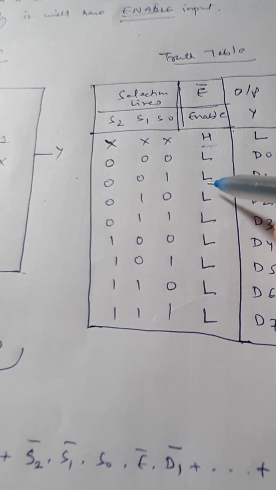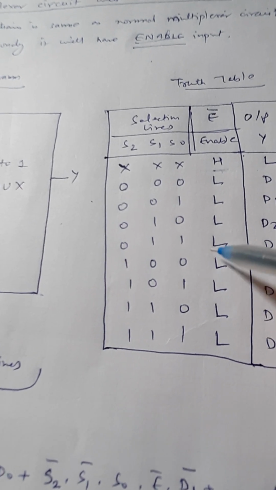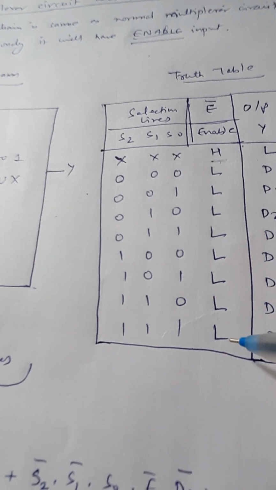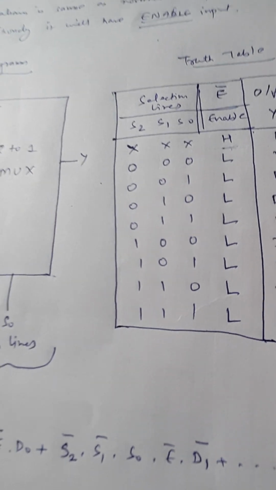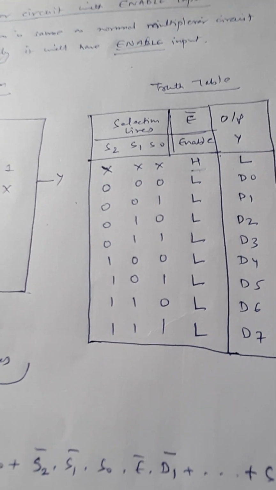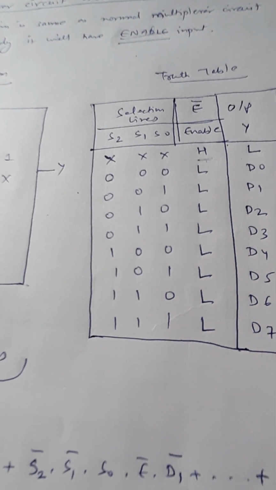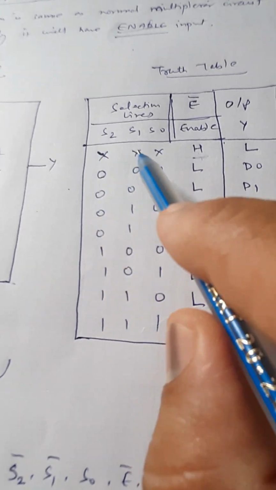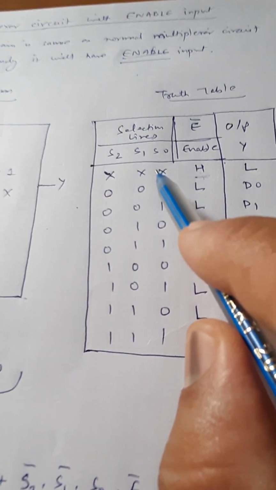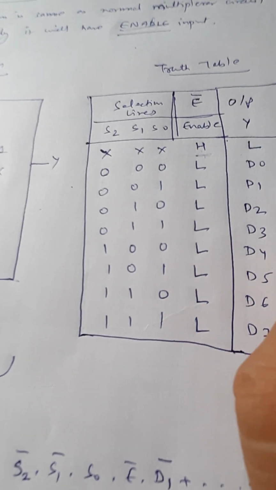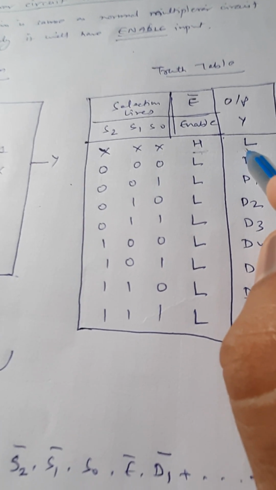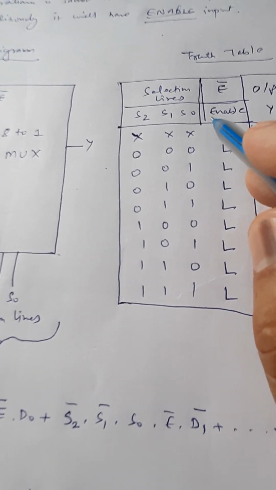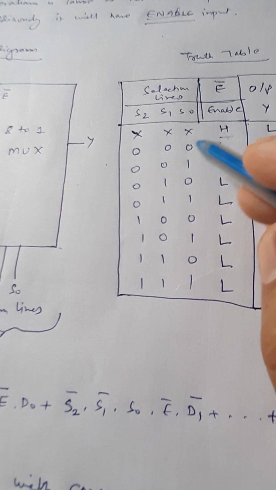You can see the rest of the input combinations. The enable input is L, L, L, L, where L means low, and low means 0. So when the enable input is 0, only then is it going to work. If it is high, whatever the inputs and selection lines are, whatever combination you give, it doesn't make any sense, and the output is always going to be 0, that means L. This is the difference the enable input makes.